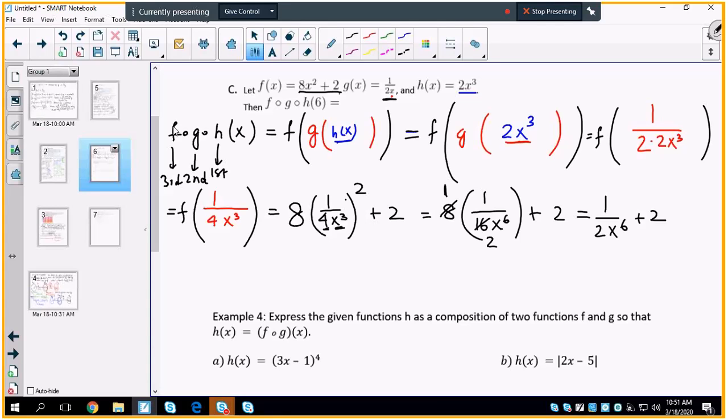To get my answer, I want to evaluate this function at 6. So I will go ahead and say that this is equal to f composed g composed h of 6. Look at your explicit form of the function and replace the x by 6. So you get 1 over 2 times 6 to the power 6 plus 2.